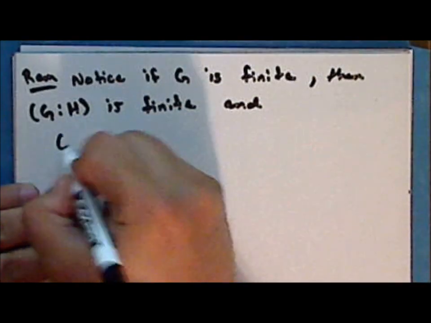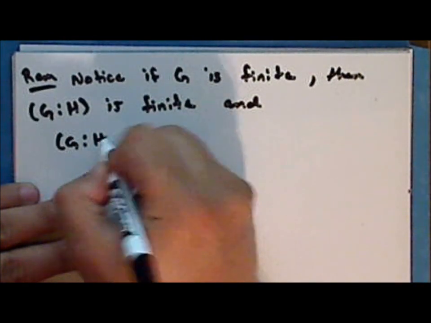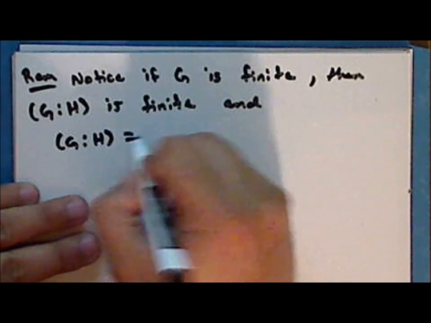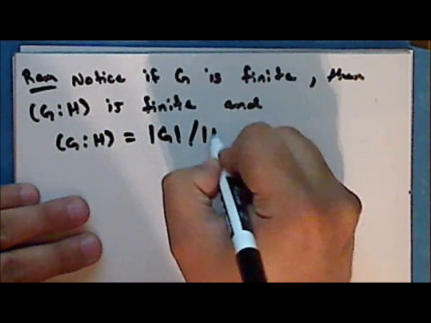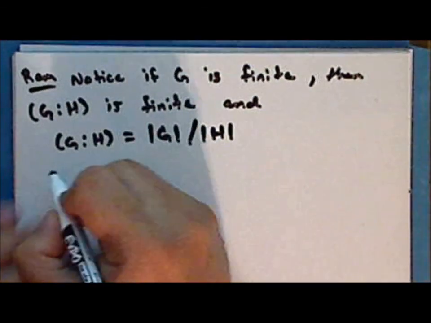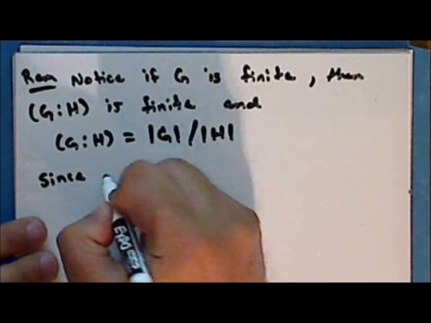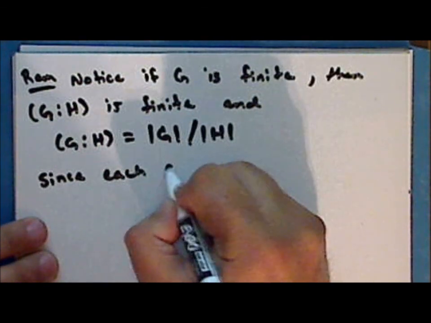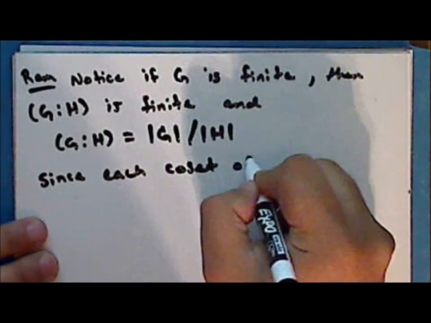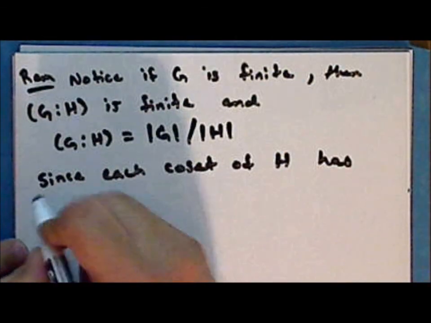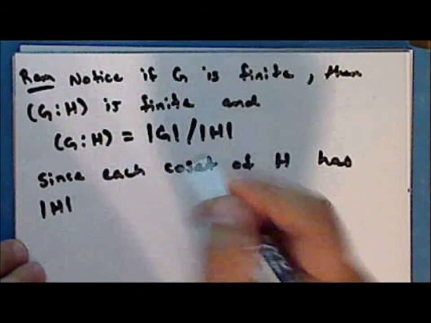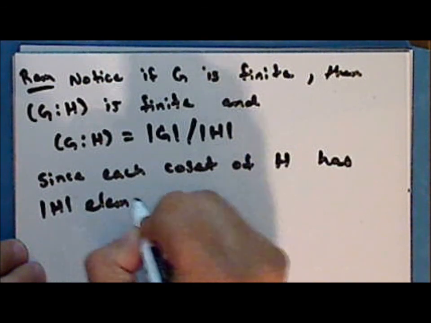And in fact, the index of H in G is the order of G divided by the order of H, since each coset of the subgroup H has the same number of elements as the subgroup H.